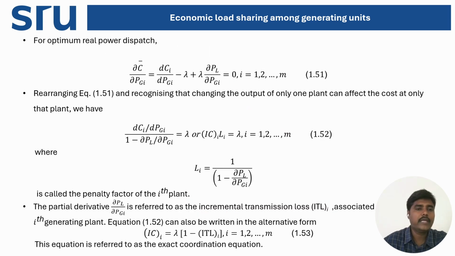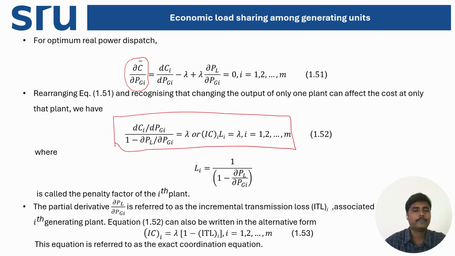So for the optimal real power dispatch, we have to differentiate that total cost equation with respect to PGi and equate it to 0. Then if you modify this particular equation, we are going to express it as equation 1.52: dCi by dPGi, whole divided by 1 minus dou PL by dou PGi, is equal to lambda, where this particular dCi by dPGi is nothing but IC.